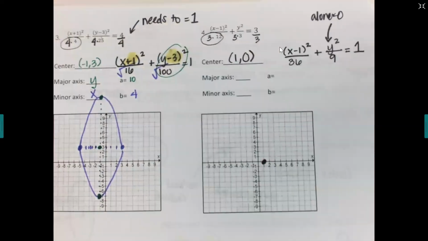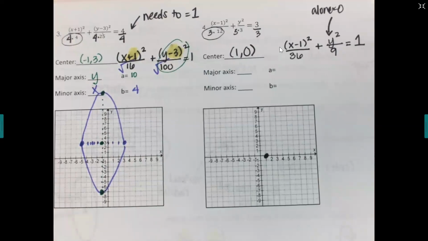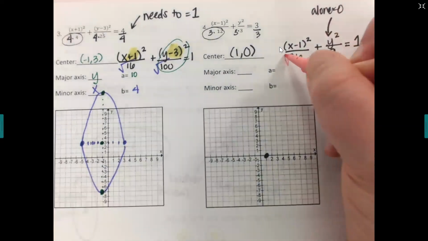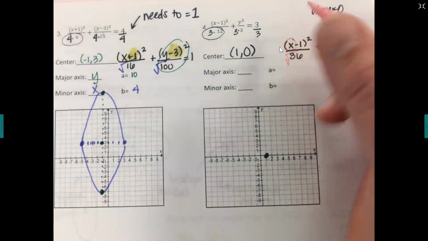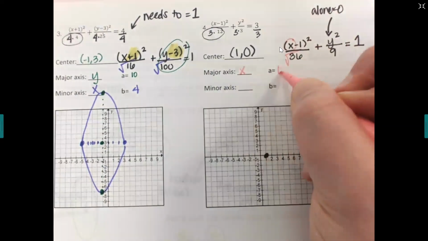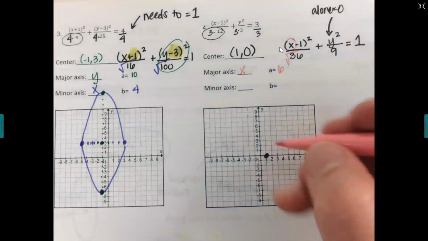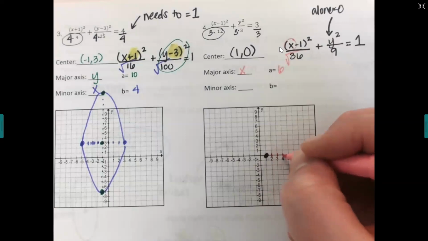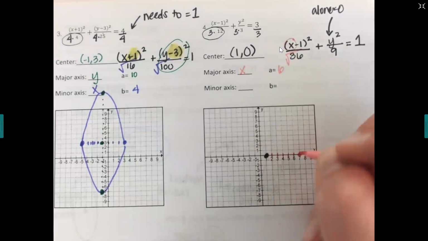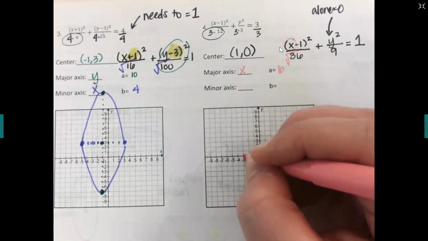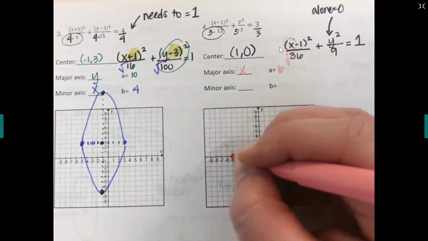Then I'm going to check my major and minor axes by taking the square roots of the numbers on the bottom. Make sure they're always lined up with their partner. So 36 is bigger, but it's with x. Then I know the x is the major and 6 is the distance. So 1, 2, 3, 4, 5, 6.